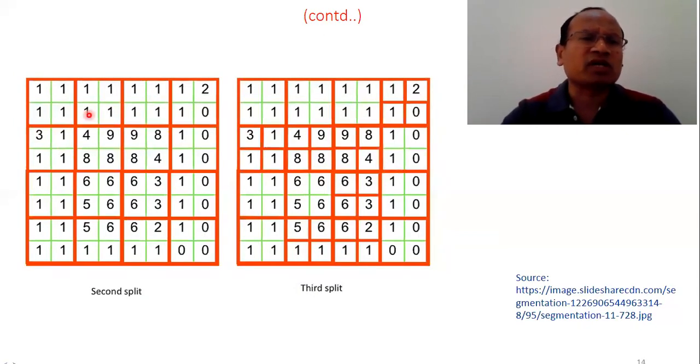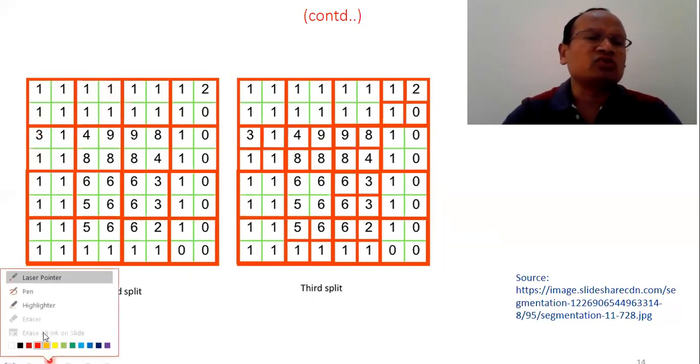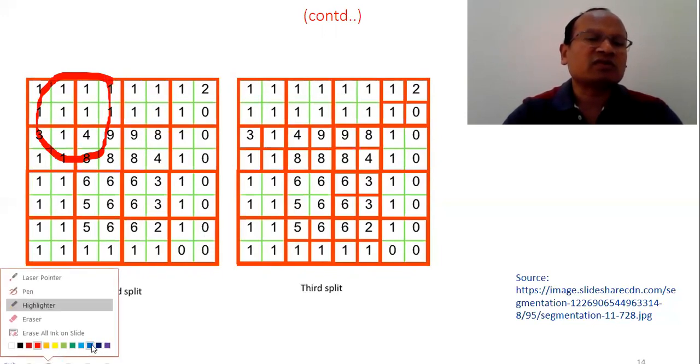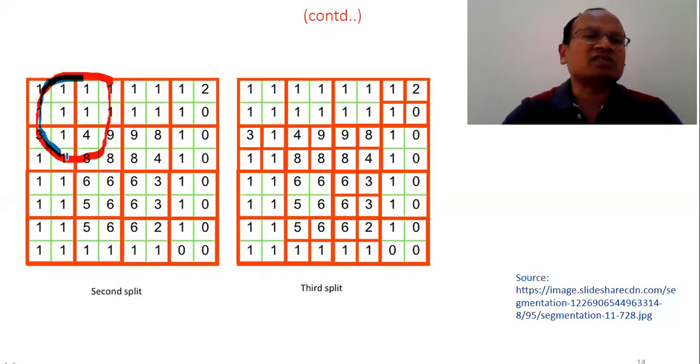In the second step, you can see that each part has again been divided into 4 parts. Let me choose a different color highlighter. See here, this area has been divided into 4 parts.